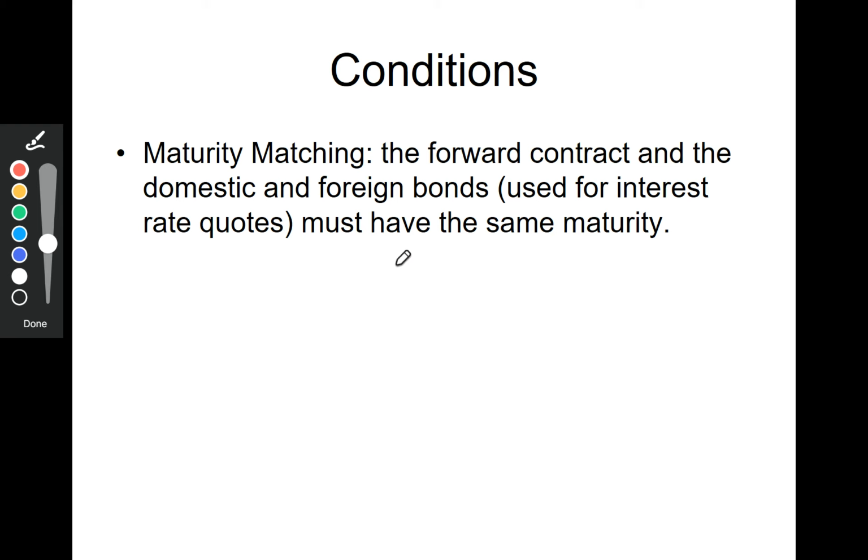Bonds are liquid, and to make them liquid, you need lots of them. The fact that you have lots of them and they're identical allows people to trade them at all times. Then these financial instruments become liquid.